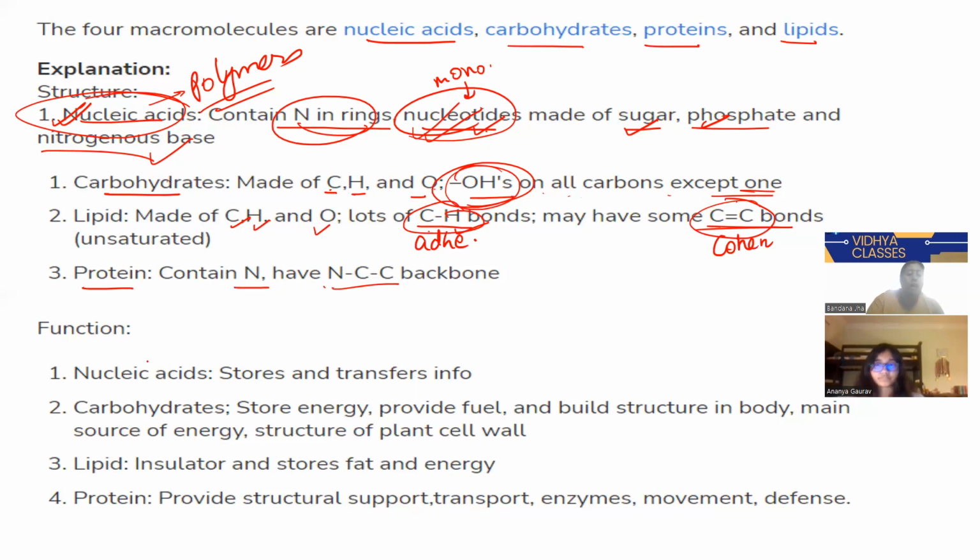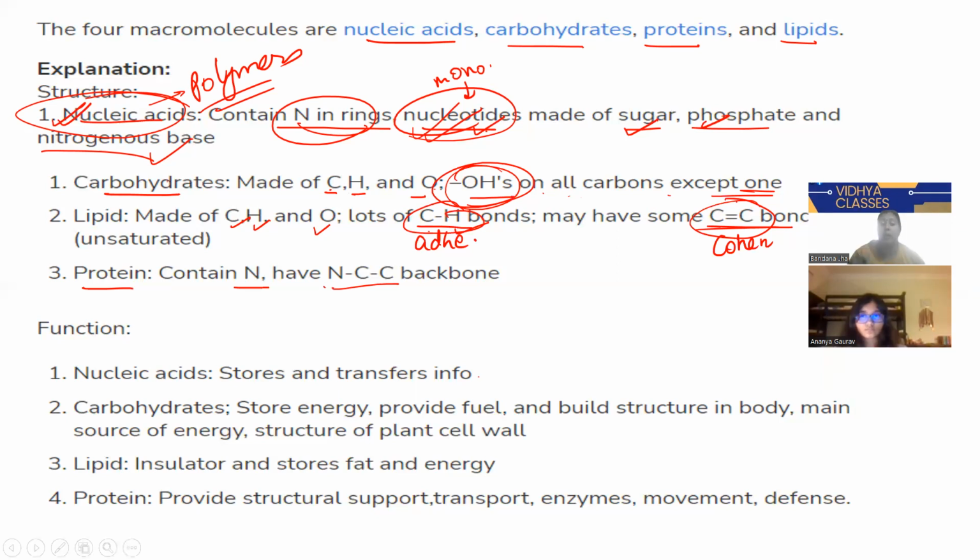Now, functions. Nucleic acid stores and transfers information. It stores the information and transfers it to all the parts of the body, such as what I should do and what I should not do. All these things I am saying because they are stored in my brain.